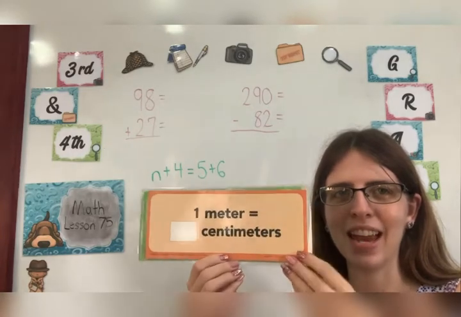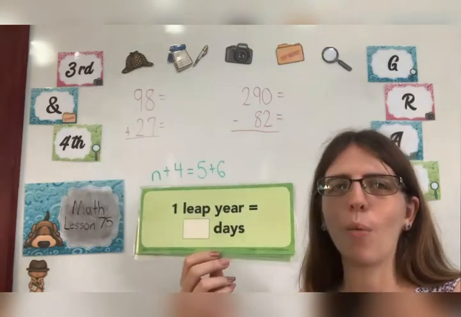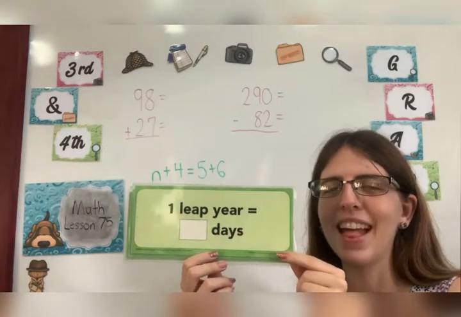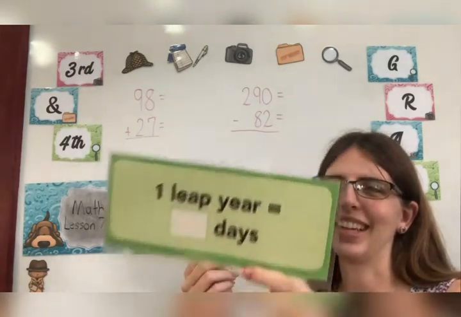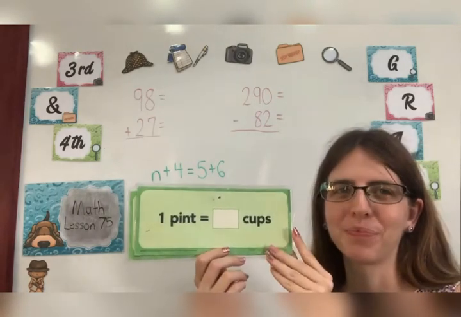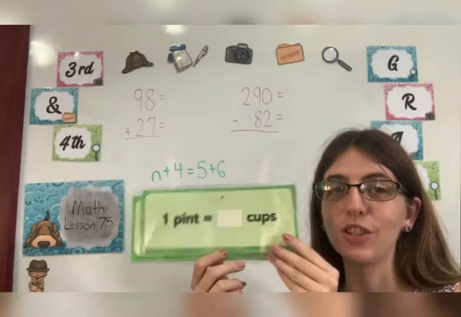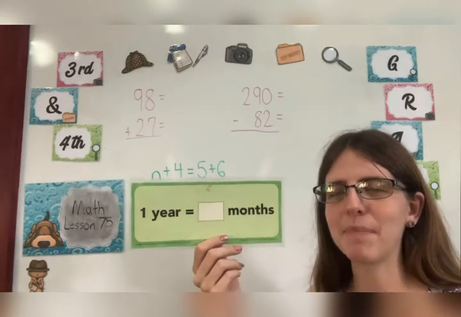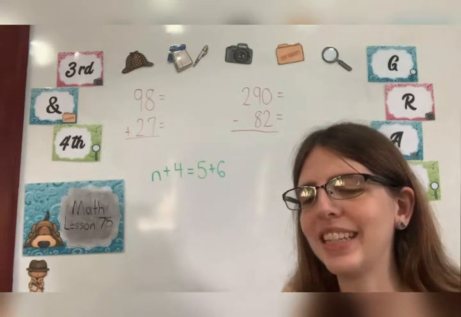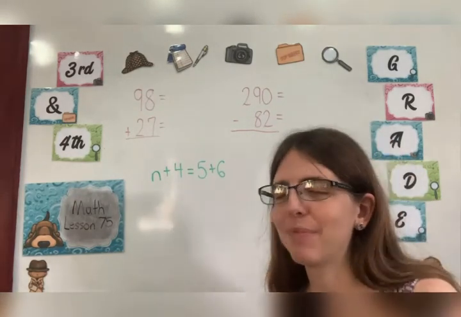Cent, like 100. 100. 1 leap year is how many days? This one is 366. 1 pint is how many cups? 2. And 1 year is how many months? 12. Nicely done.